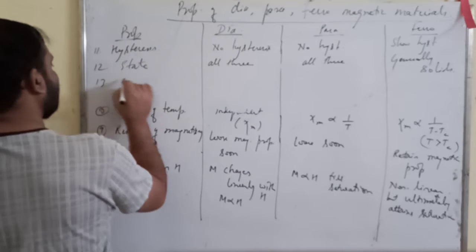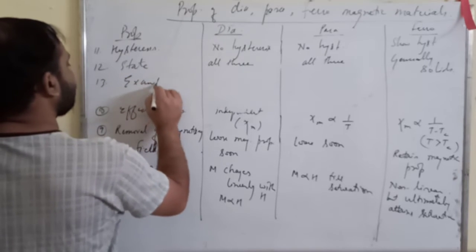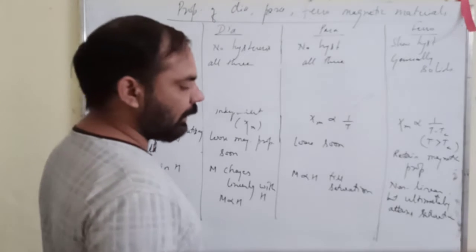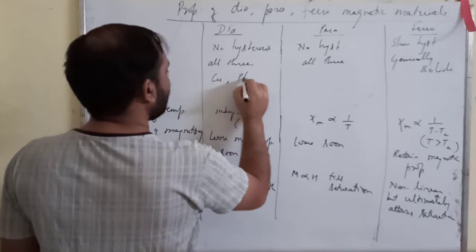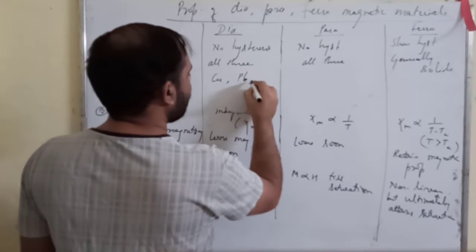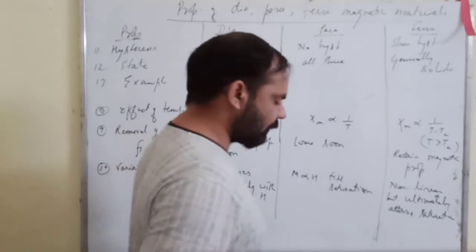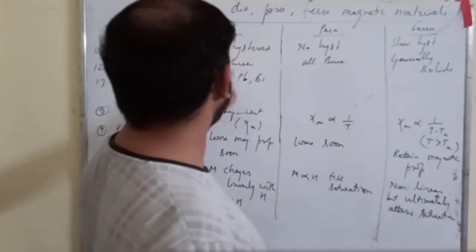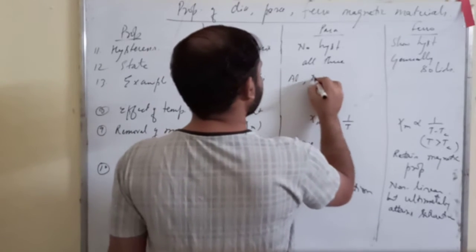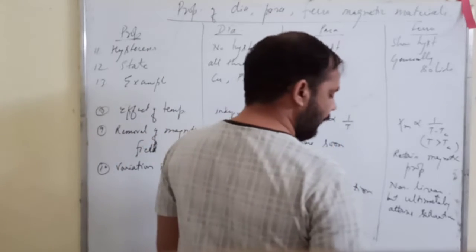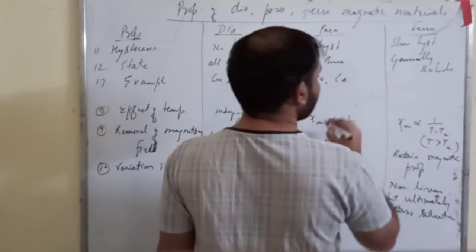And the last one, you can compare them with the examples. So we have copper, lead, or you can have bismuth. We have these examples for diamagnetic materials. Here we have aluminium, sodium, and you can take calcium.